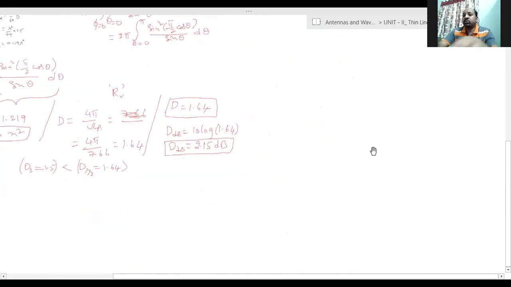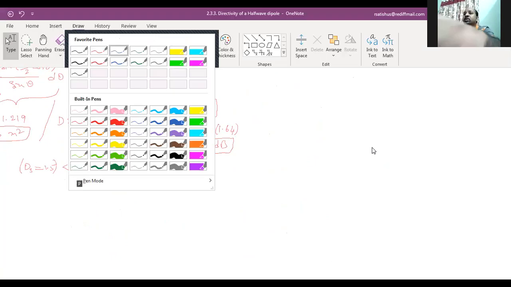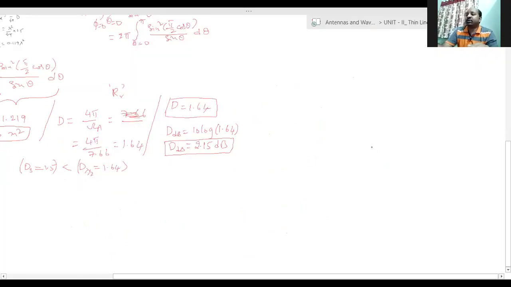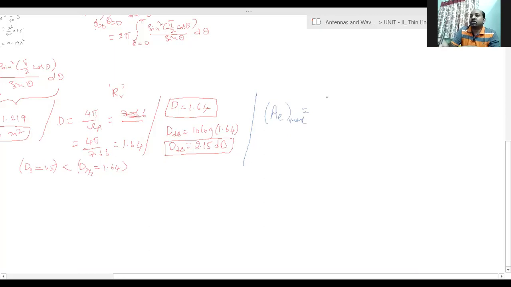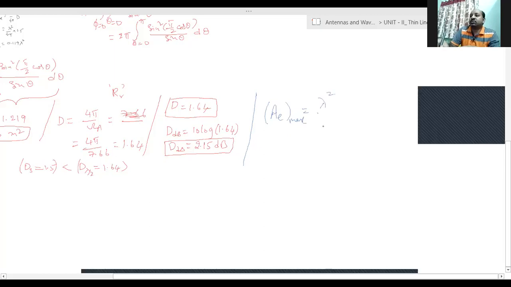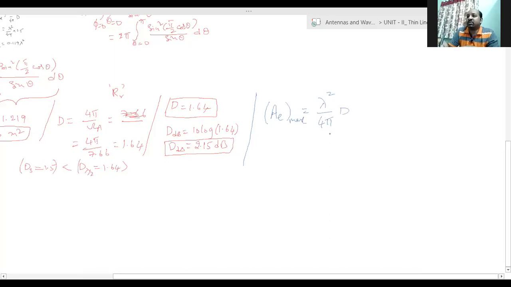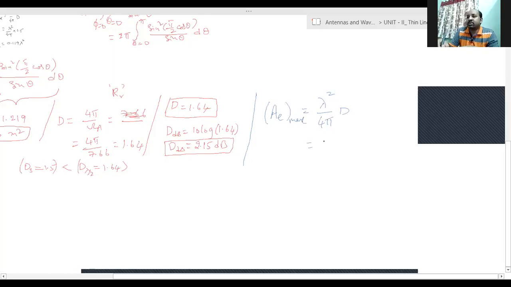And one more thing: once we know directivity, we can determine effective aperture. So the maximum effective aperture Ae max is equal to lambda square by 4 pi into D, which is lambda square by 4 pi into directivity.